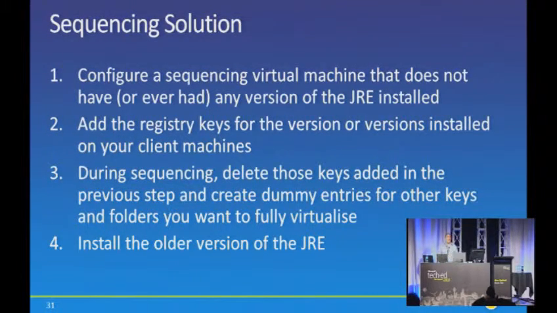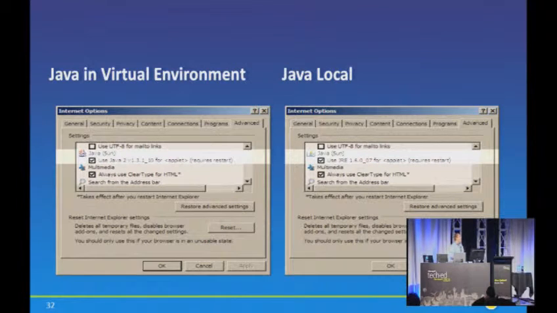And that's exactly what we did. This is the output from that activity: the local version uses the correct version of Java, and inside the virtual environment our legacy version of Java executes correctly.